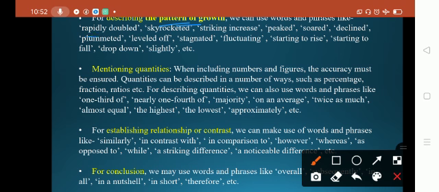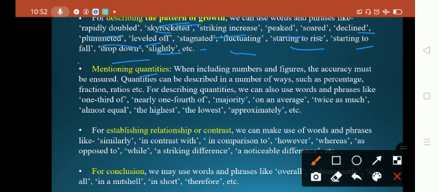By using rapidly doubled, skyrocketed, striking increase, peaked, soared, declined, plummeted, leveled off, stagnated, fluctuating, starting to rise, starting to fall, drop down slightly. Okay, so these are the words which are going to be handy when you write about the pattern of growth.